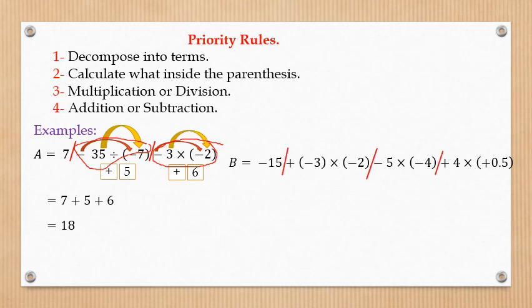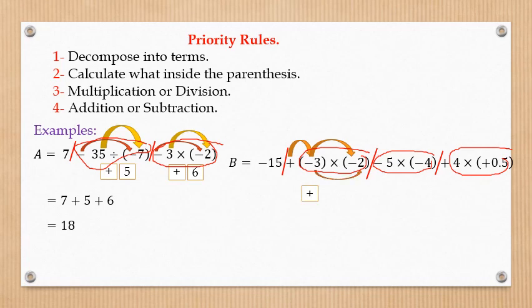Another expression, start by multiplication. So on the line, I have to write minus 15 plus, what's the answer of multiplying minus 3 by minus 2? Same sign, so it should be positive. 3 times 2 is 6.